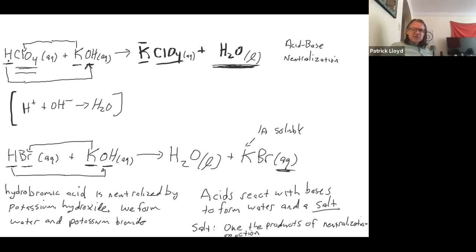Okay, so if you take an acid and you react with a base, you're going to get a salt out of it. And so in this particular case, the potassium bromide is the salt. In this case over here, it's the potassium perchlorate that is the actual salt. So salt, water, acid, base. Let's take a look at one more example.